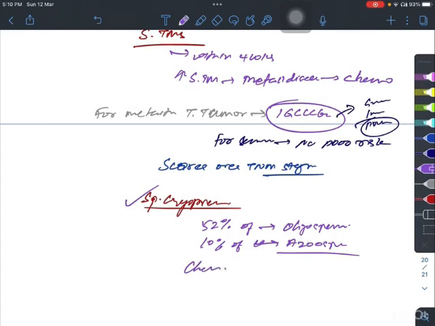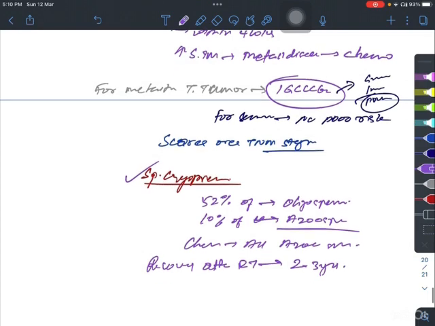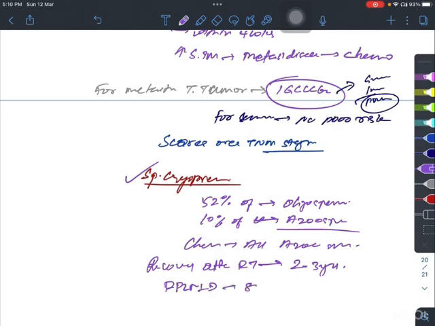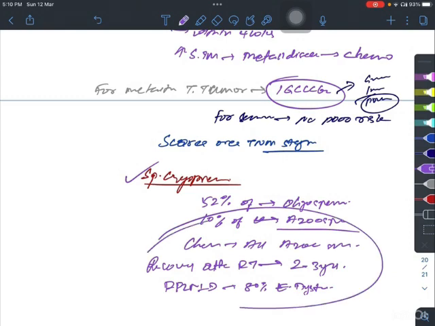After chemo, all patients will have azoospermia. Recovery after radiotherapy will be seen only after 2 to 3 years. Patients undergoing RPLND have an 80% chance of ejaculatory dysfunction. So these are some of the points which show that all patients going into treatment of testicular carcinoma should undergo sperm cryopreservation.